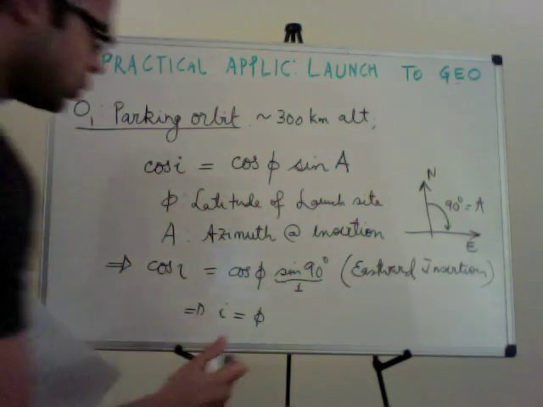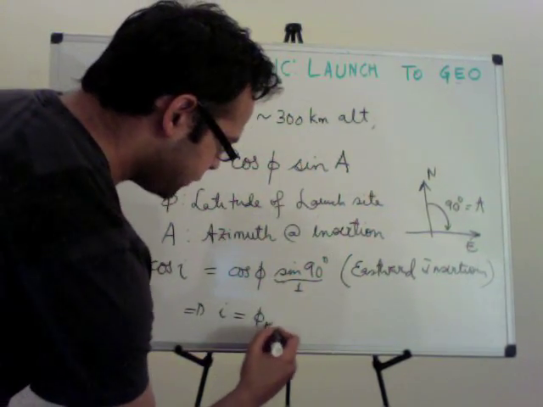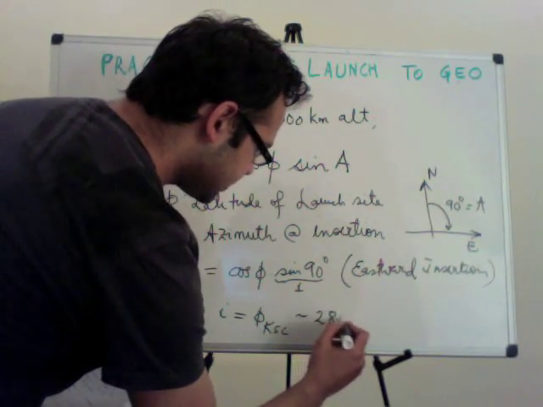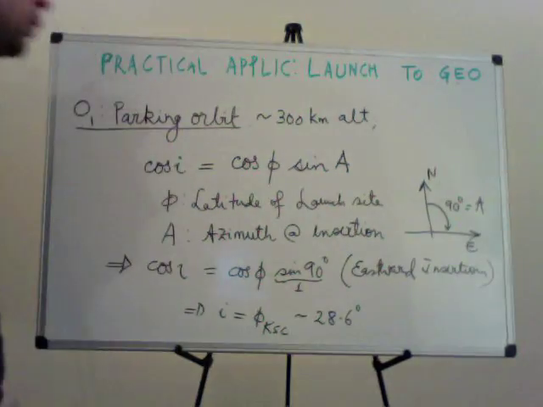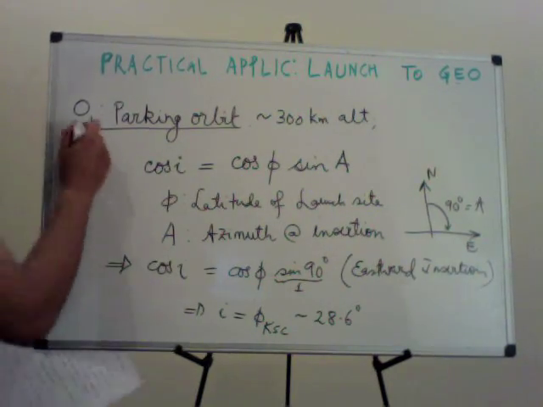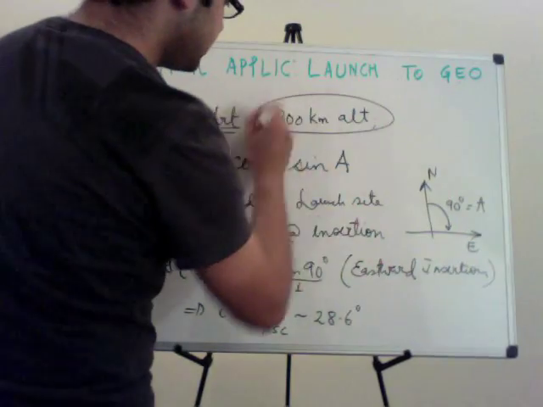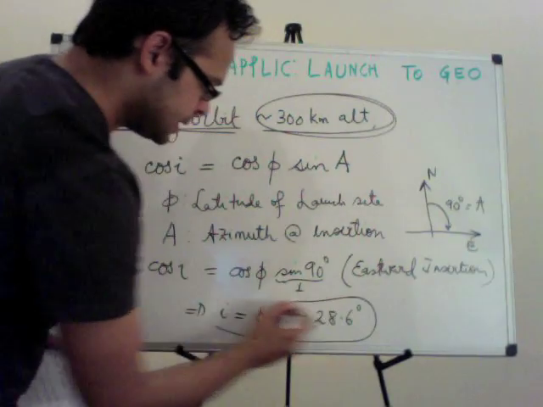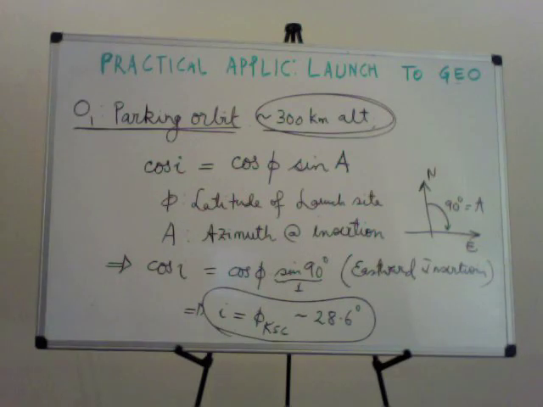So phi is nothing but the latitude of the KSC, the launch site, which is approximately 28.6 degrees. So this is what we are working with. Our parking orbit has 300 kilometers altitude and an inclination of about 29 degrees.